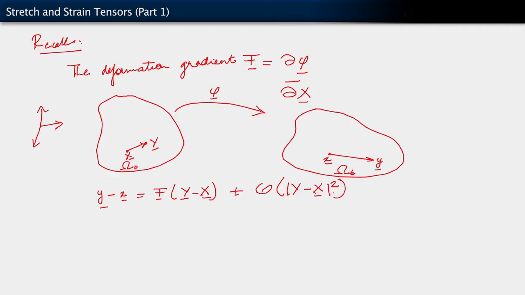At the very end of the last segment, we observed that if capital Y minus capital X were small, in the limit that this term is small, essentially the deformation gradient is a first order measure of the stretching of the fiber between points y and x.